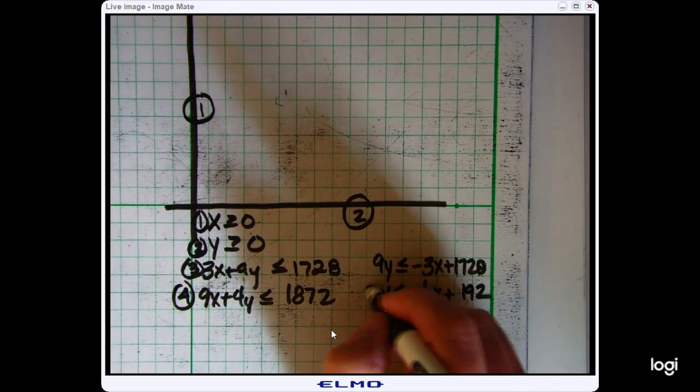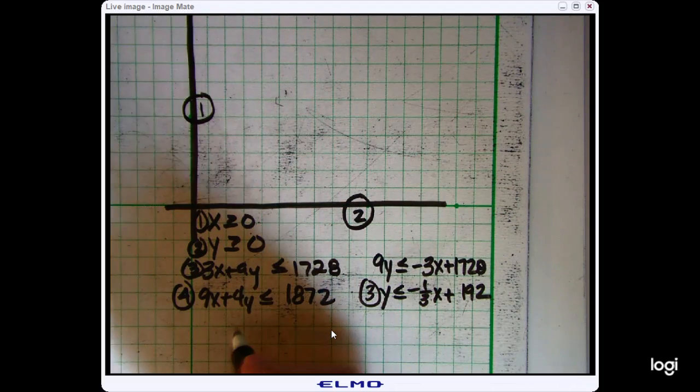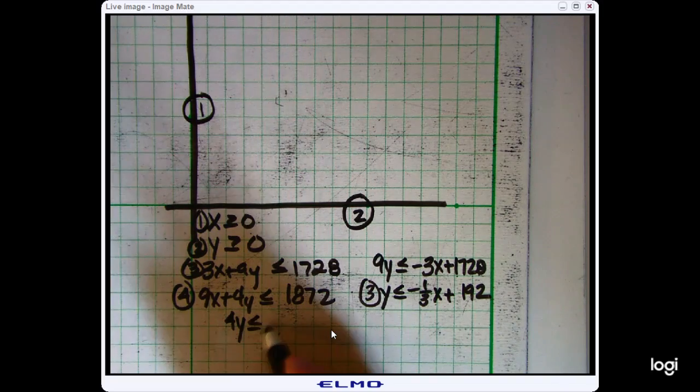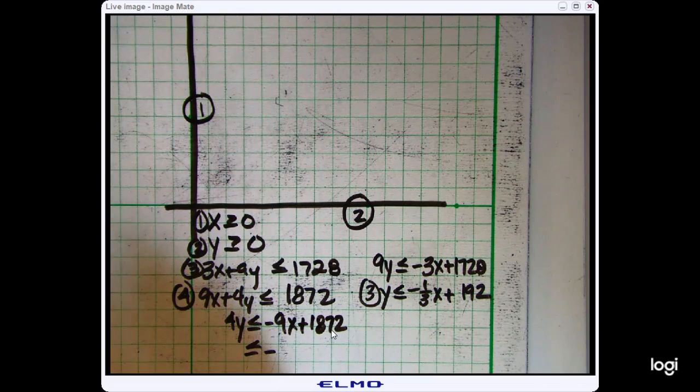Okay, this is going to be equation 3. Let's do the same thing. Set this one into slope-intercept: negative 9x plus 1872.